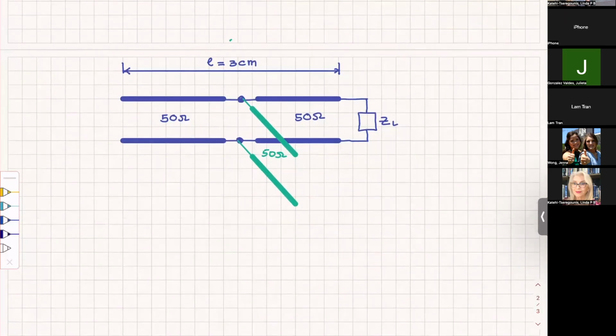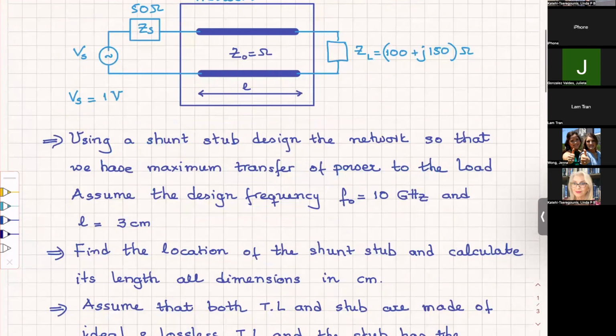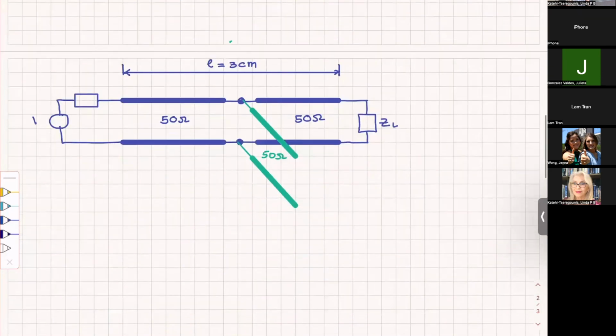We know that the source is somewhere here, and Vs is 1 volt, and we know this is 50 ohms.